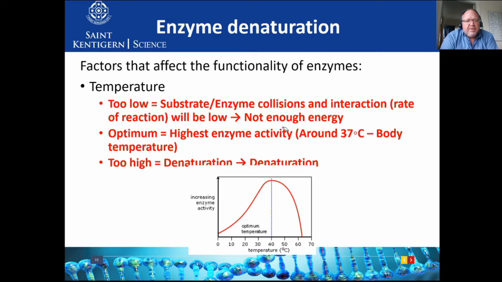Now when it heats back up again to the optimum range, we will see the enzyme activity pick back up. So that is reversible. When it's too cold, it is reversible, and this is very important. Around 37 degrees Celsius, the body's temperature for humans, is where we do our best.